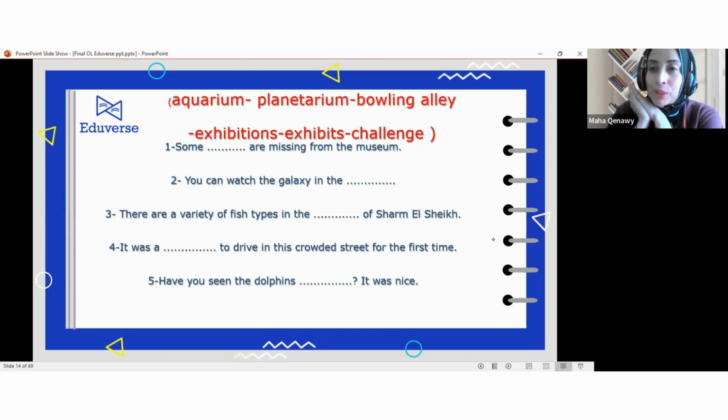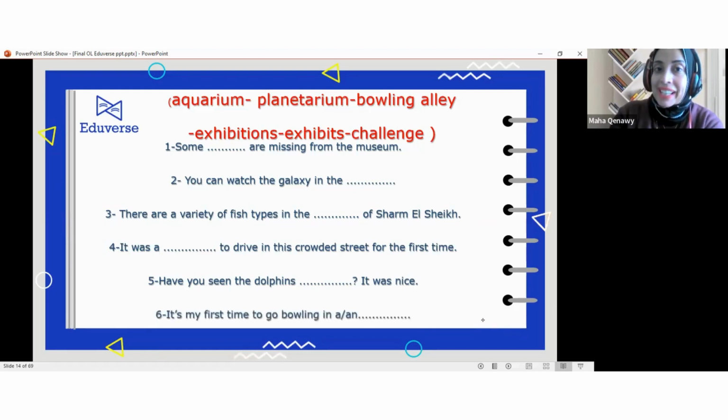What do we call things that we show to people in a museum or a fair? We call it a fair, F-A-I-R. Exactly. Exhibition, exhibits. Some exhibits are missing, are not found. Maybe someone stole them, maybe. You can watch the galaxy, stars, planets.